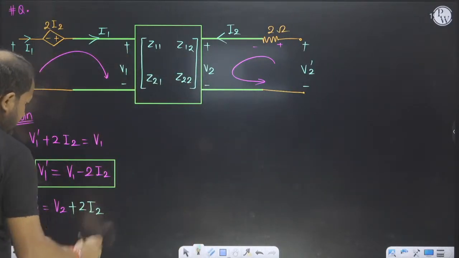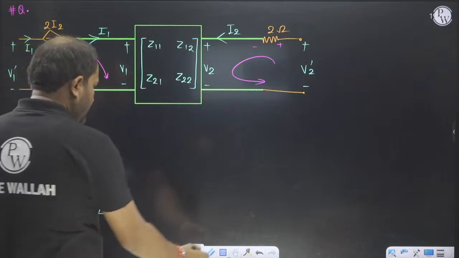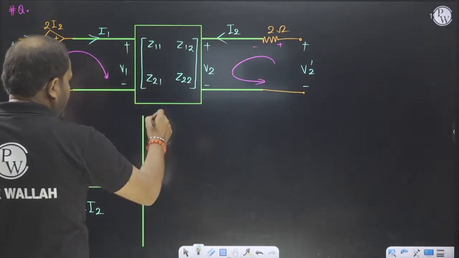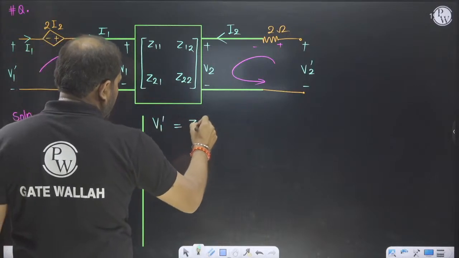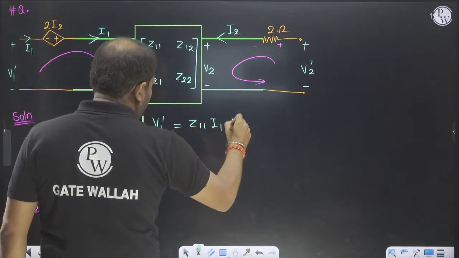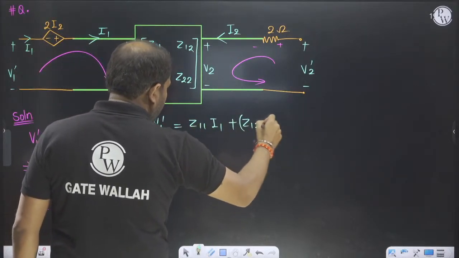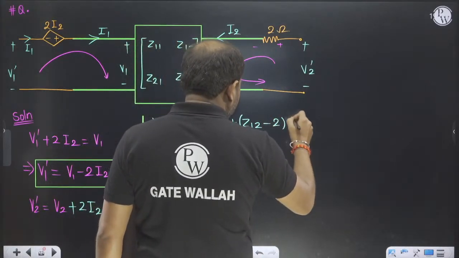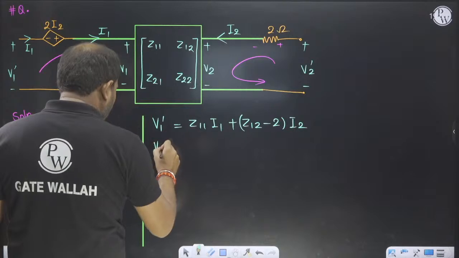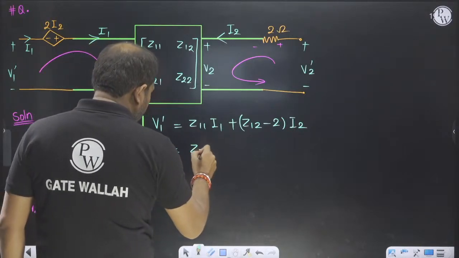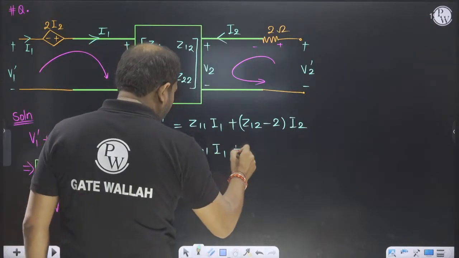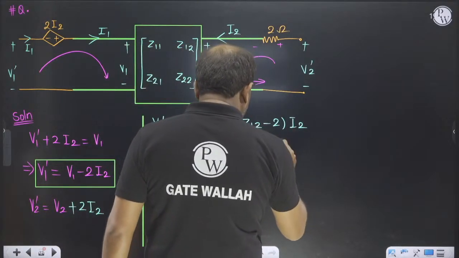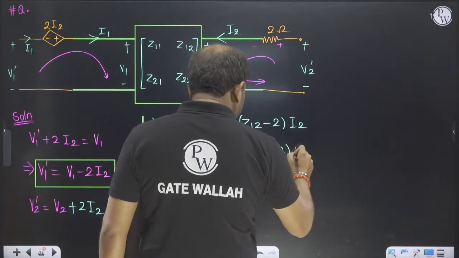Then V1 dash is equal to Z11 I1 and Z12 minus 2 I2, and V2 dash will be equal to Z21 I1 and Z22 plus 2 I2.